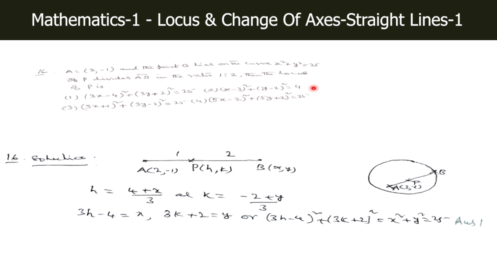Now, you see AB, let P be the point which divides AB in the ratio 1:2, whose coordinates are (h, k). So, as per the ratio formula, h is equal to (2 into 2 plus 1 into x) by 2 plus 1, that is 3, and k is equal to (2 into minus 1 plus 1 into y) by 3.